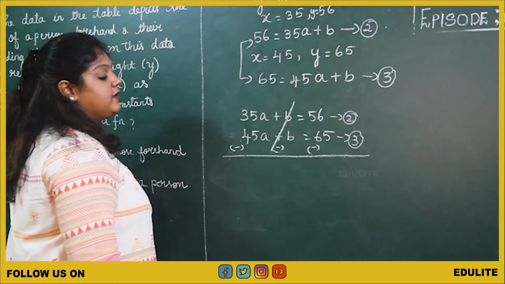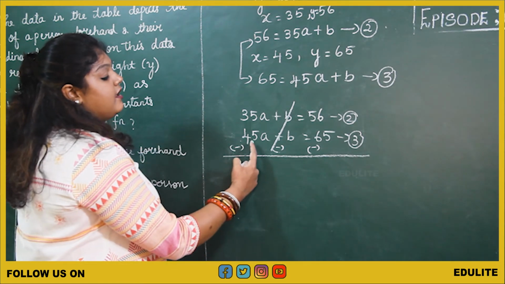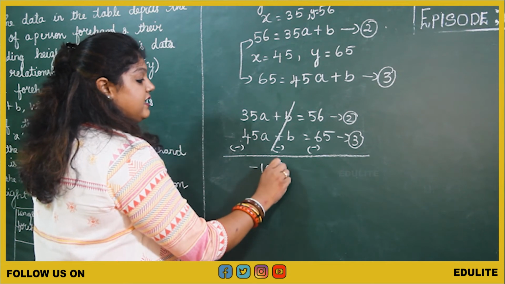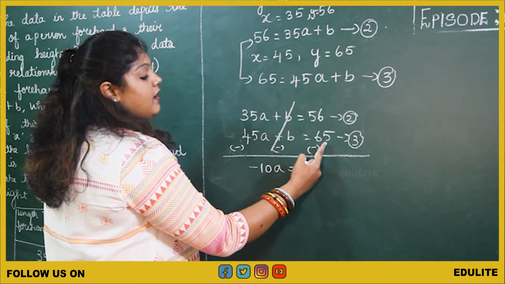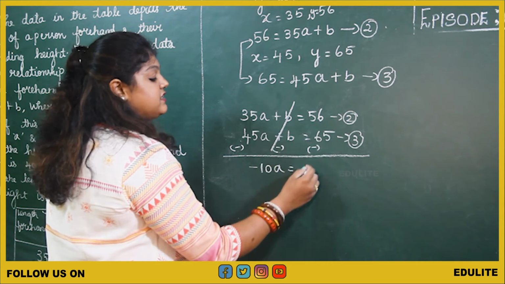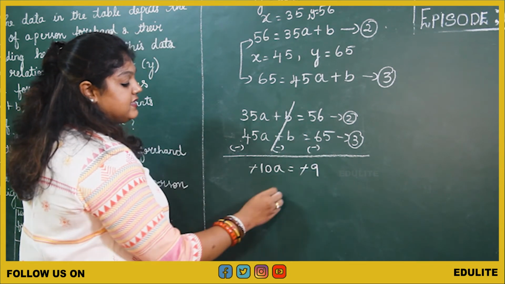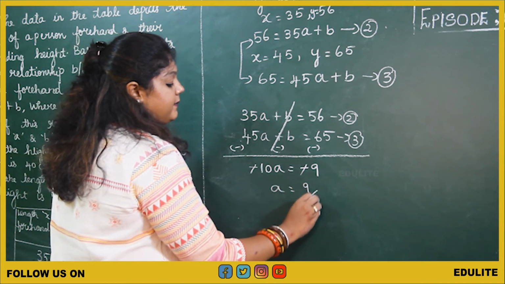So plus b and minus b get cancelled. Minus 45a plus 35a gives minus 10a, which equals minus 65 plus 56, which gives minus 9, and the minus signs cancel. So a equals 9 by 10.